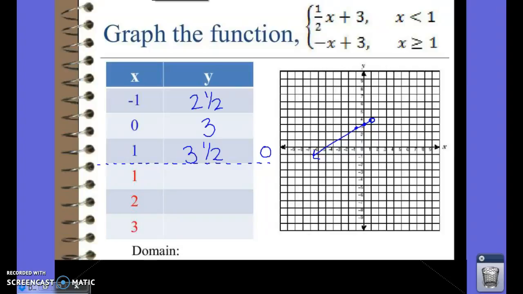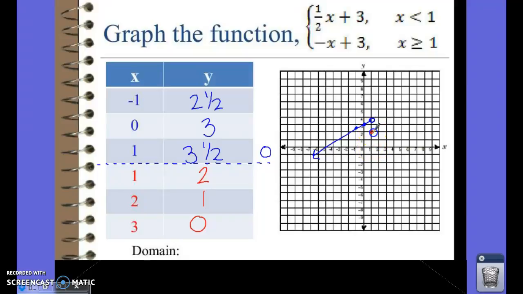1, 2, and 3 plug into my bottom function. So that's like negative 1 plus 3, which is 2. Negative 2 plus 3, just 1. And negative 3 plus 3, which is 0.